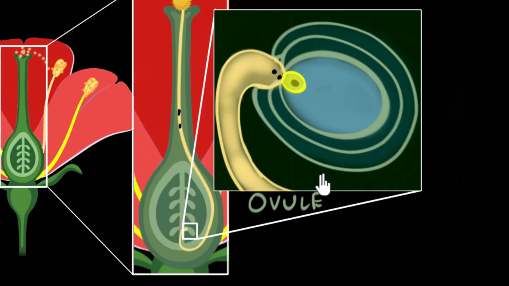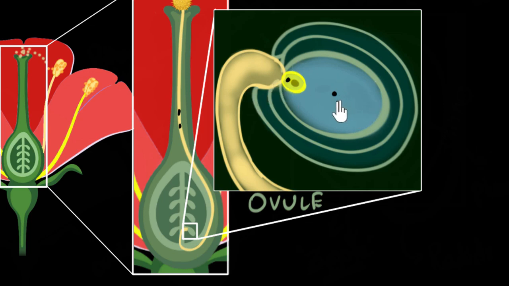One of the sperms unites with the egg cell, and the other sperm will go and unite with the 2 nuclei. Remember I showed that there are 2 nuclei over here sharing one entire cytoplasm. So that other sperm is going to unite with that.